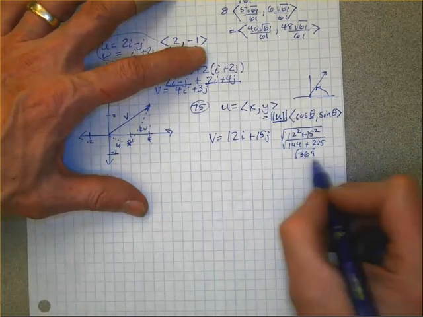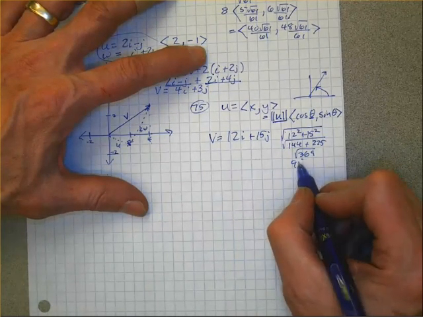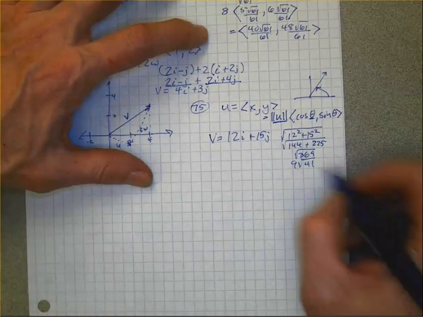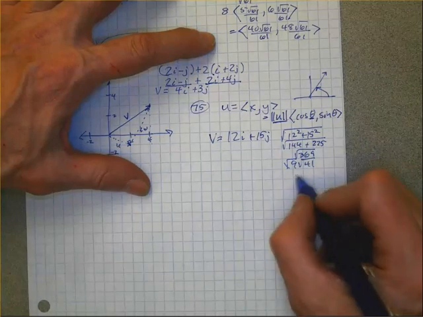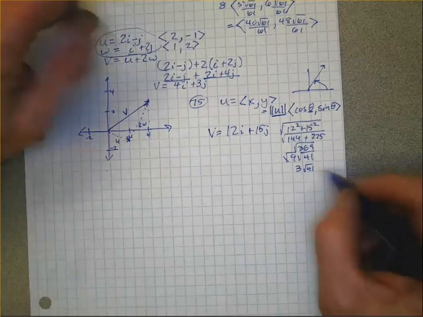And I notice that both 36 and 9 are divisible by 9, which is going to leave me with 41. So I get the square root of 9, which is actually going to be 3 root 41. Okay, so there's my magnitude.